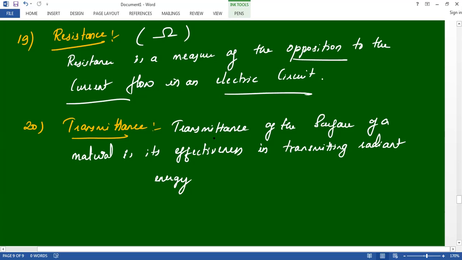Here, transmittance of a surface of a material is the effectiveness of transmitting radiant energy.